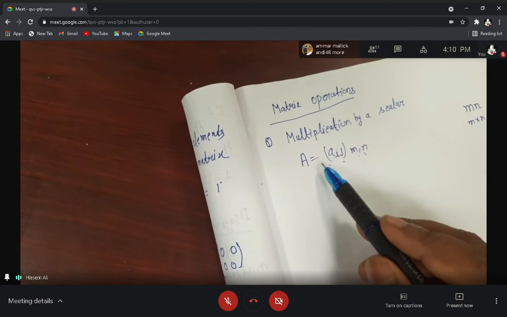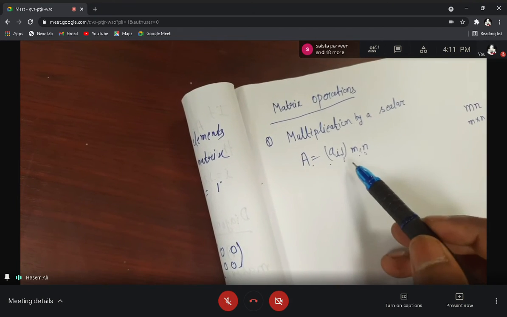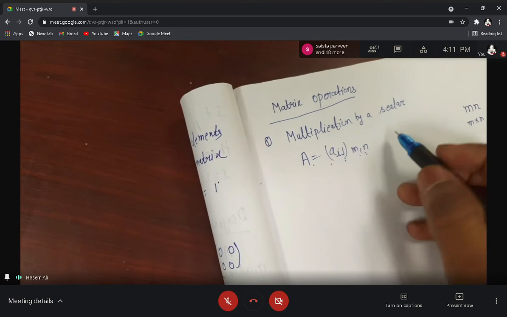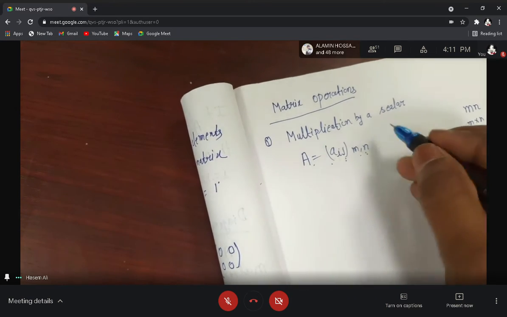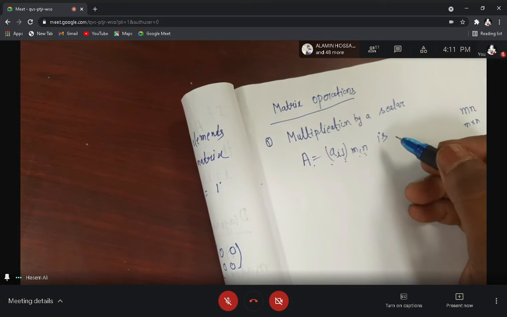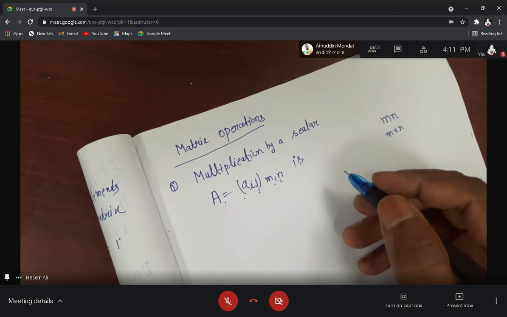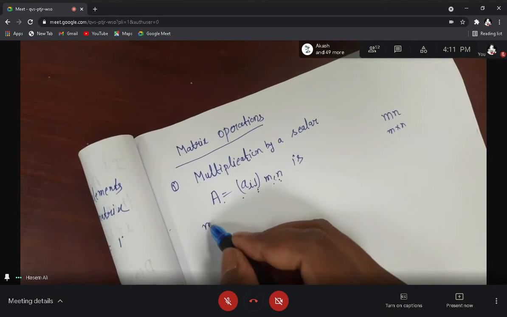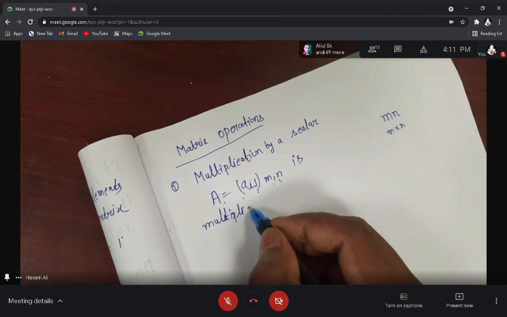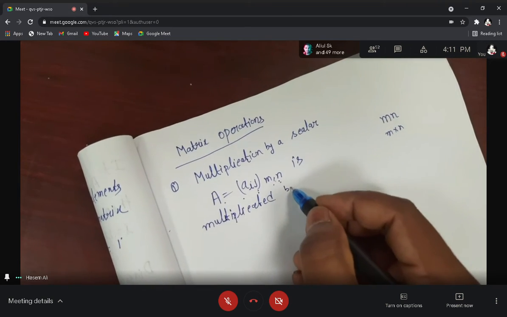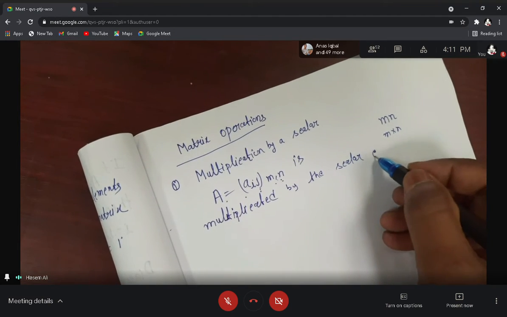Let this is a matrix A whose elements are aij of order m by n, and let this matrix is multiplied by the scalar c.